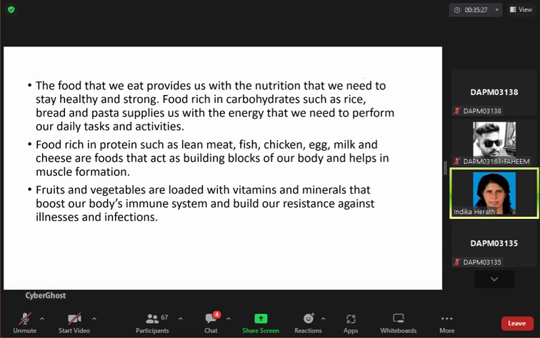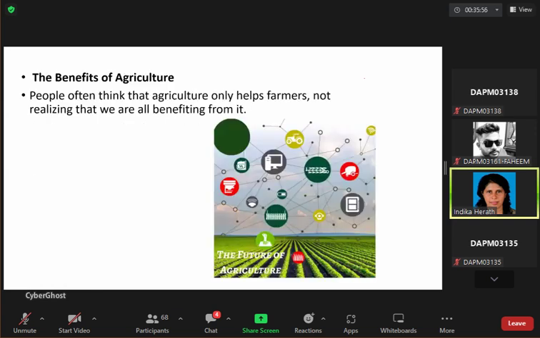So therefore, we want to have balanced food from both these agricultural things and animal components. And not only that, we need vitamins. Vitamins are provided mainly by fruits and vegetables. So our life is built up of these things, right? So we need these things for maintenance of our body and therefore our life, right?